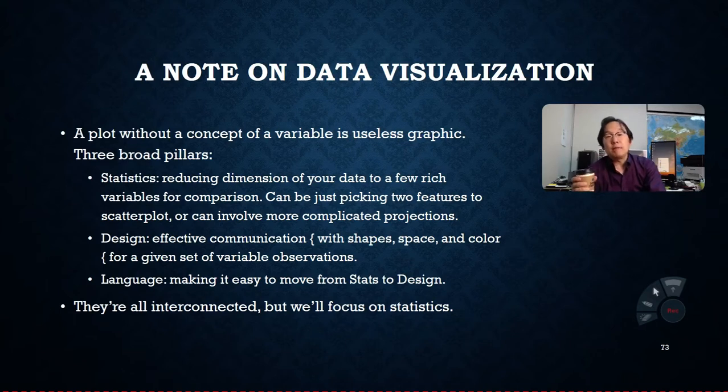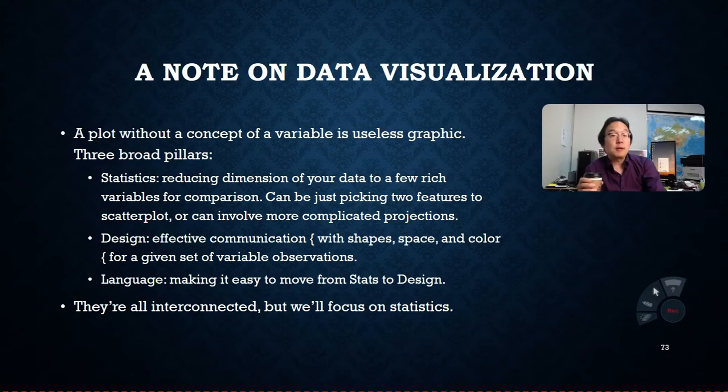It can be just picking two features to scatter plot, or it can involve more complicated projections. And then design is effective communication, perhaps with shapes and space and color for a given set of variable observations. So how to design it matters.